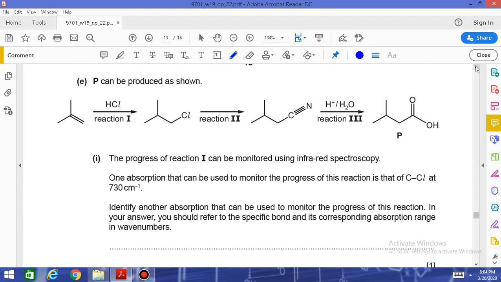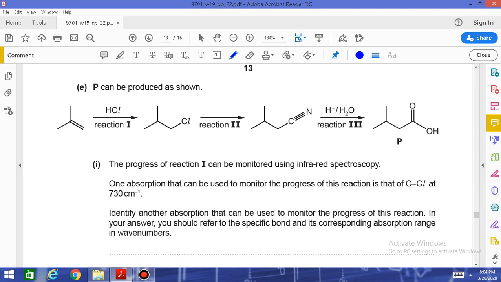Okay, the last one. P can be produced as shown. The progress of reaction 1 can be monitored using infrared spectroscopy.